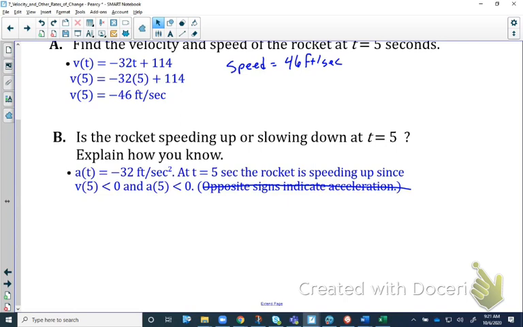So at 5 seconds, the rocket is going to be speeding up because the velocity and the acceleration at time equal to 5 seconds are both negative values. I had a typo there: they have the same signs, not opposite signs. That indicates that the object is speeding up at that point.